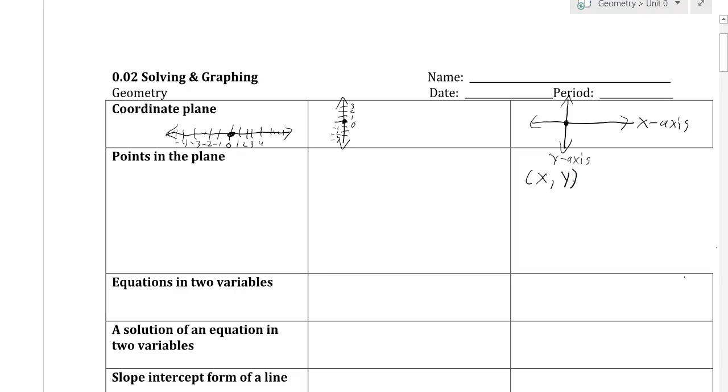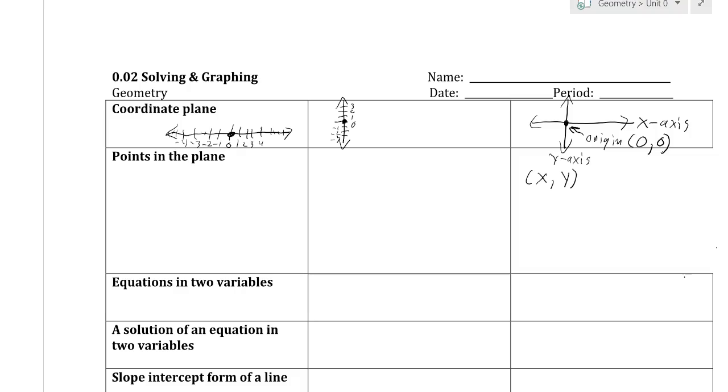So it's always going to tell you the left-right movement from the origin, from the point 0, 0, and then the up-down movement from the origin, the point 0, 0. Zero on the x-axis, 0 on the y-axis, called the origin. Points come x first, y second.